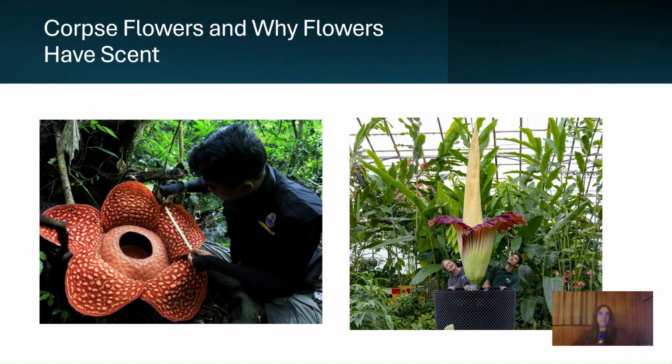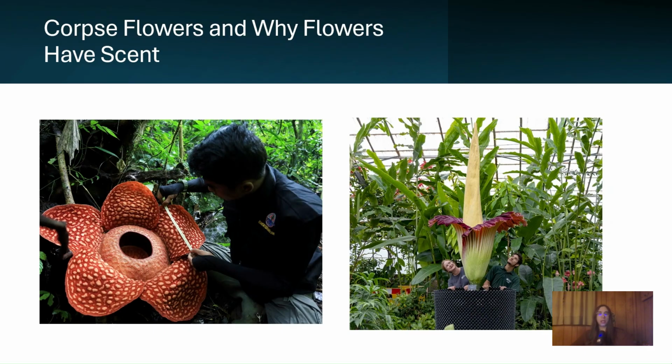And the purpose of this is to attract flies because flies like rotting meat. It's a place to lay their eggs. And so these flowers will release this scent that attracts flies. Flies will land on them, crawl around them, get covered in pollen.